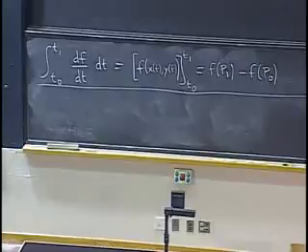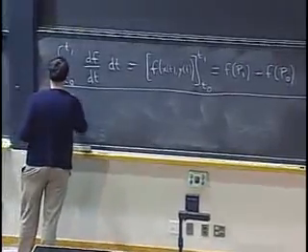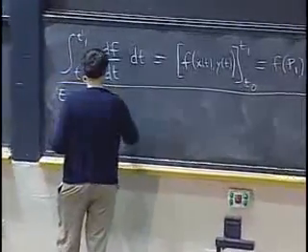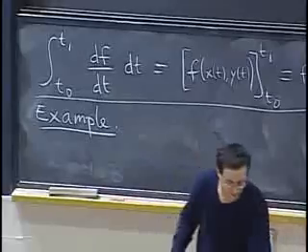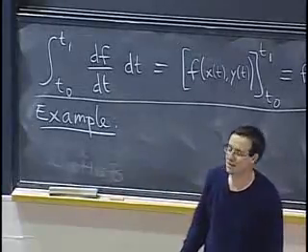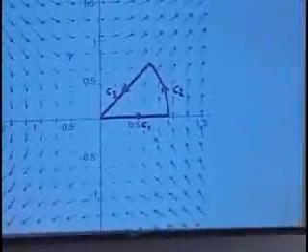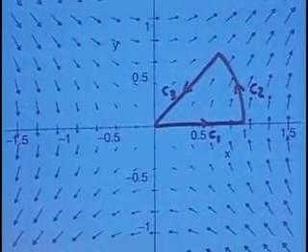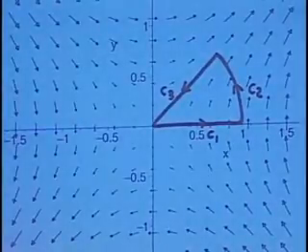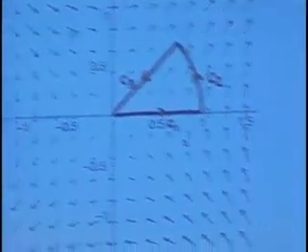Okay? So let's see an example. Well, let's look at that example again. Okay, so we have this curve, we had this vector field. Could it be that, by accident, that vector field was a gradient field? So remember, our vector field was y, comma x.